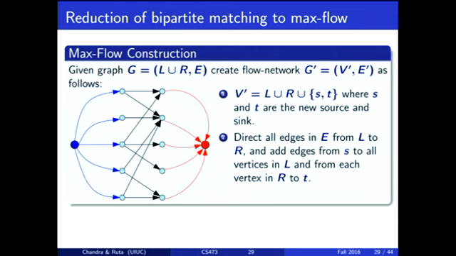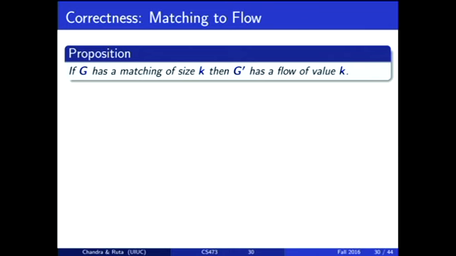That's what we want to say: if G has a matching of size K, then G prime has a flow of value K. Typically when you want to prove this, remember this statement has only numbers in it, K and K. But to prove this, you need to actually work with the structure. You say, let M be a matching of size K in G. You would actually construct the flow.